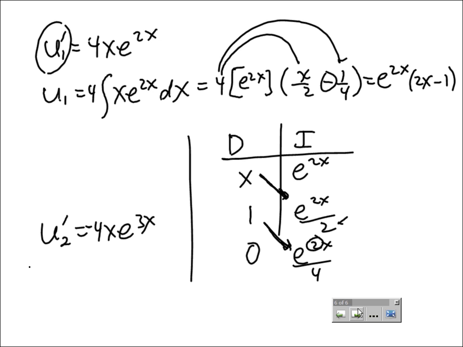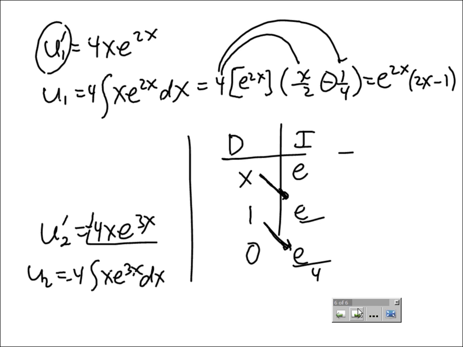Okay. Now, to find u sub 2, I just integrate this, and I'll bring the negative 4 out. Okay, so I need to integrate x e to the 3x. X is friendly. X, the derivative of that, and then the derivative of that. And now we have e to the 3x. We integrate that.